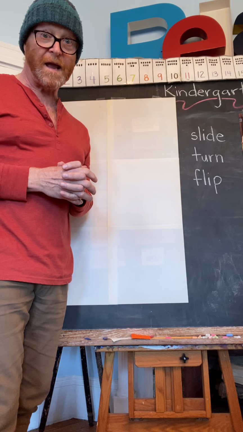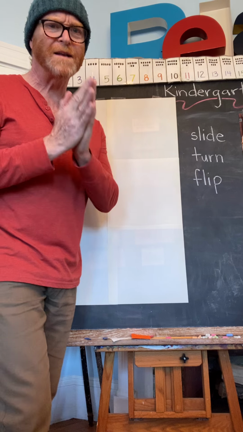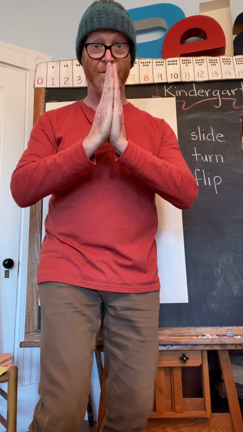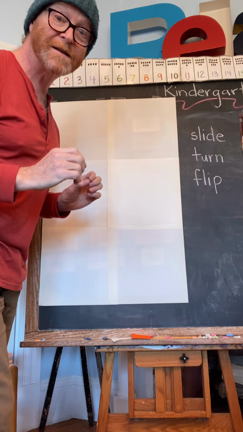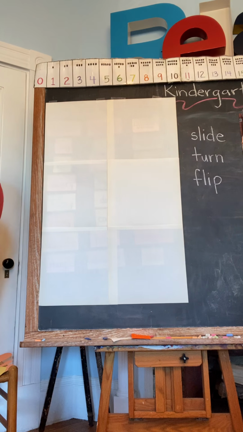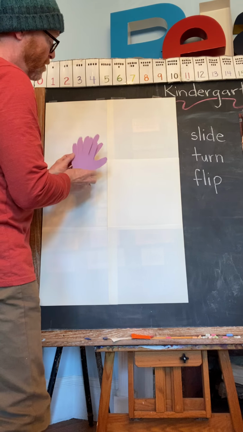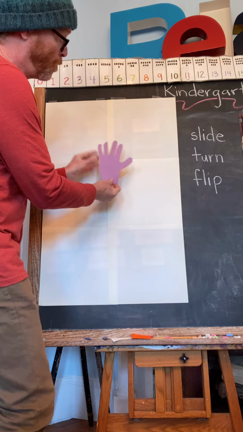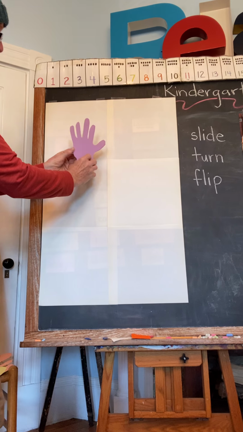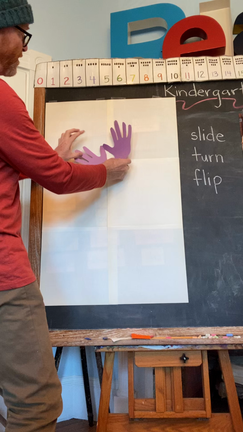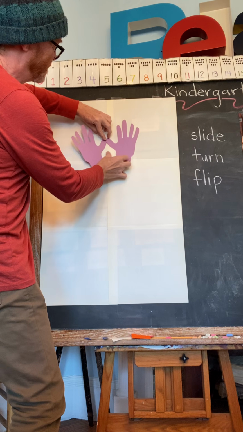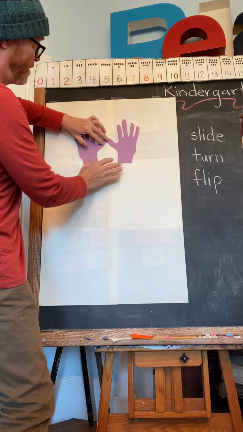All right, I want to talk to you a little bit about certain shapes and how they can be either symmetrical, meaning two sides that are the same, or asymmetrical, meaning very, very different. Your two hands together are a symmetrical shape.